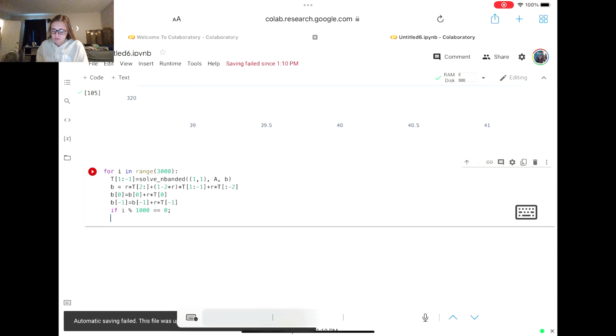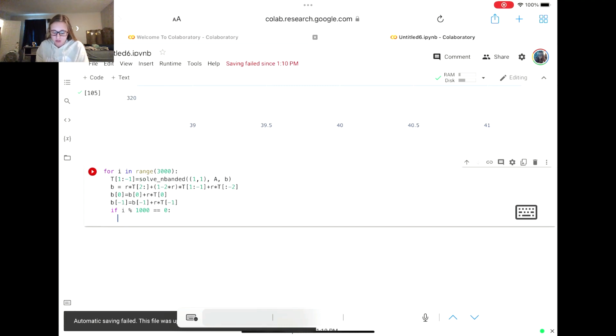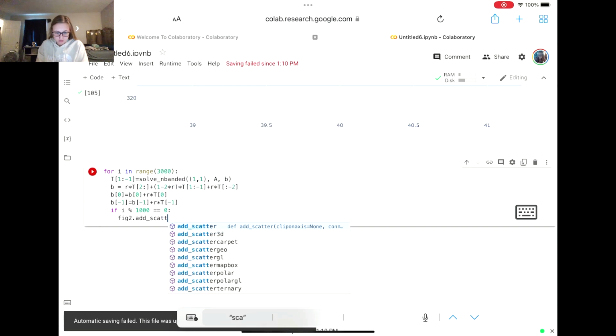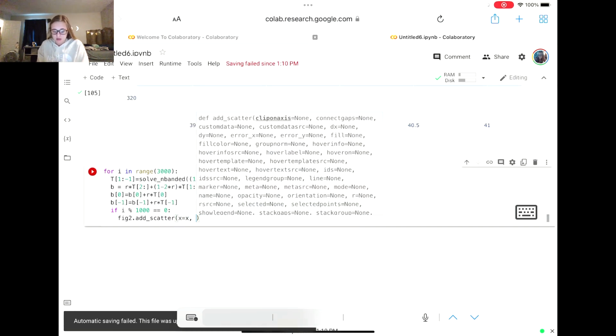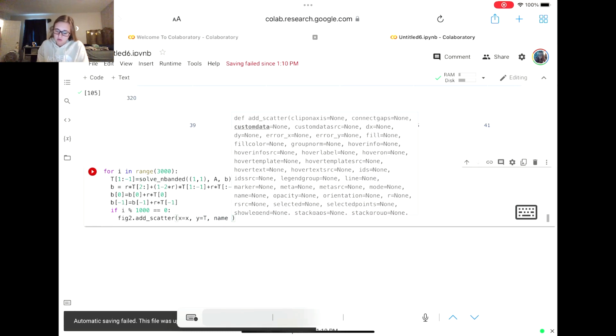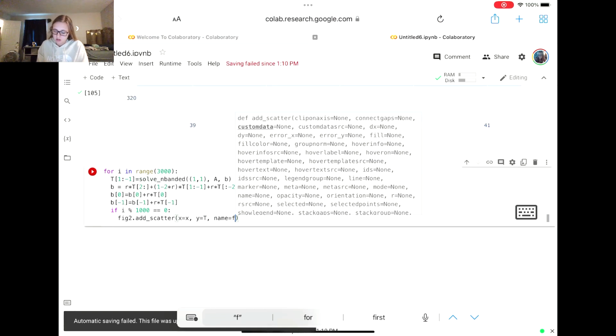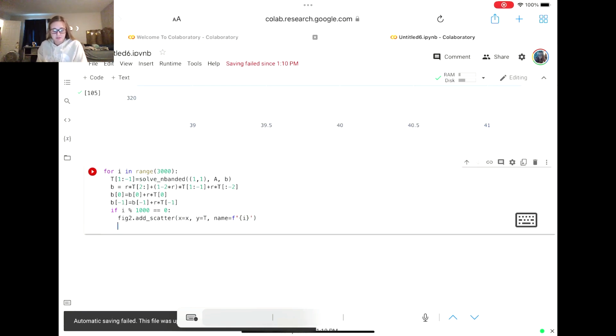Colon. From here, we want our fig to scatter for x equals x, y equals t, name, and we want this figure to show.